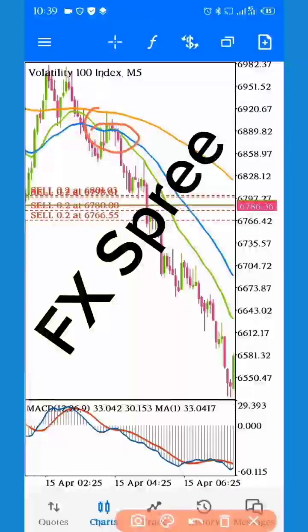The crossover of the 20 EMA crossing down. When the 20 EMA, that is the green line, crosses down below the blue line, that is the first condition that you should take note of.